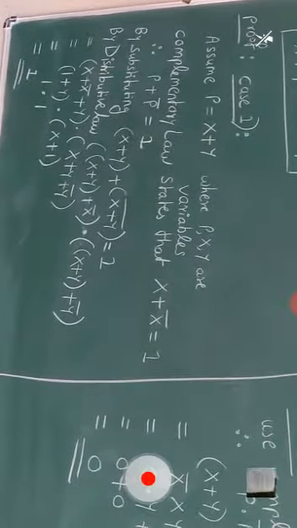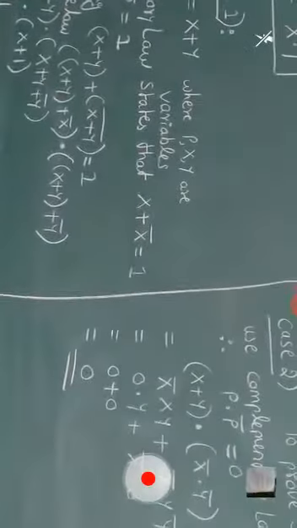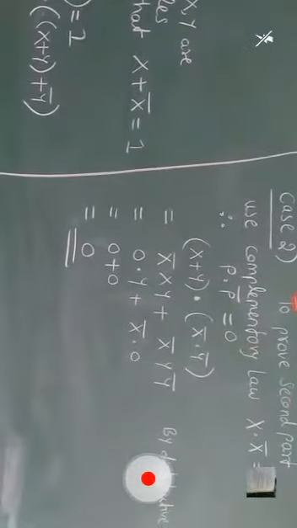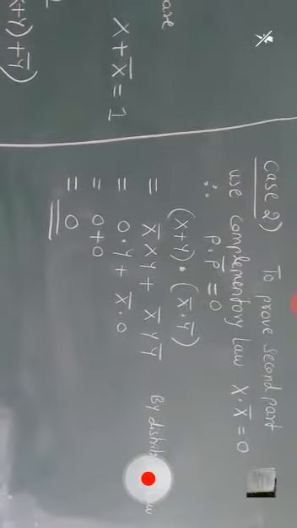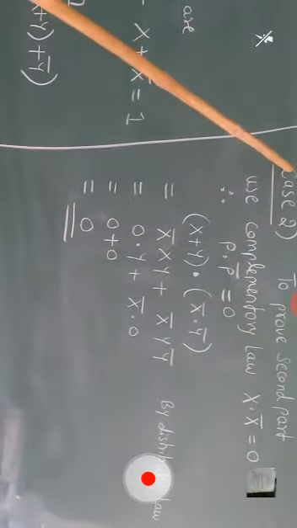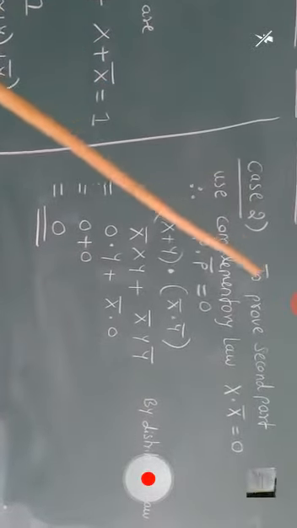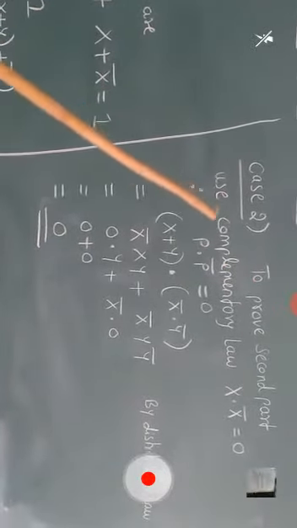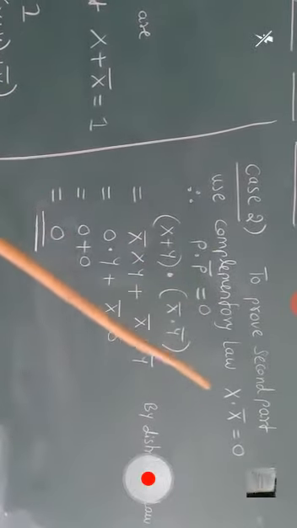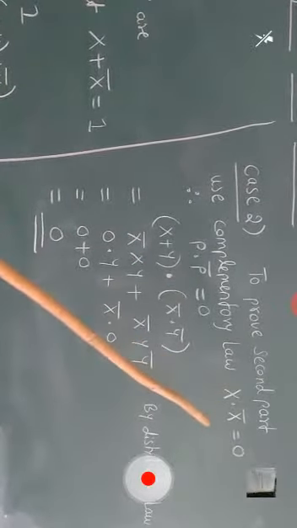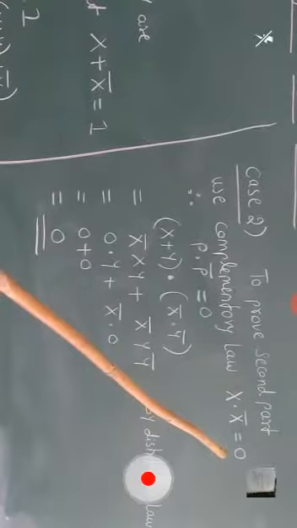Now let us prove the theorem again by using the second complementary law. So consider case 2. In case 2, to prove the second part, I am using the complementary law which states that x dot x bar is equal to 0.